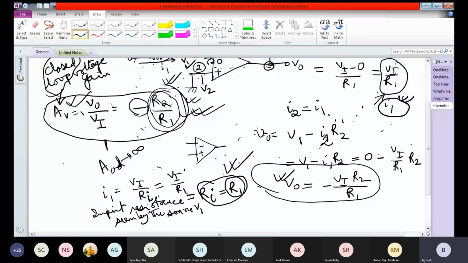There, if you have to calculate the input resistance seen from the base side, you will find that all those resistances R pi and all those things will come in. But here nothing is like that. There is no sign of any device characteristics. Everything is under the control of the user. So the op-amp gives everything to your control.